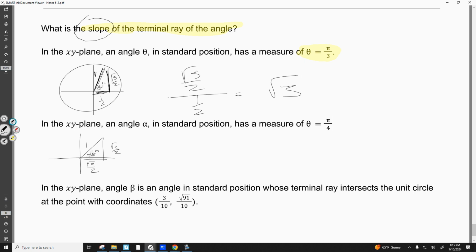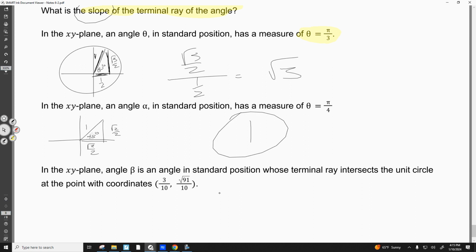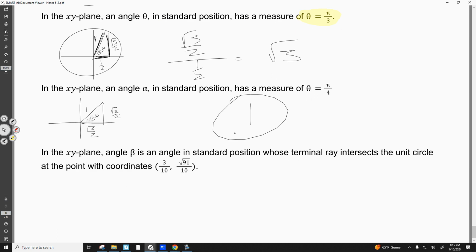That's it. The rise and the run are the same. The slope is 1. Okay, I'm confused. I'm sorry. Which part? Pi over 4. Do you know where pi over 4 is located? Come on. That would be 45 degrees.